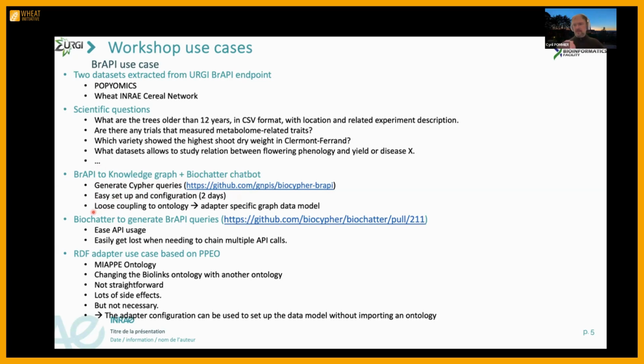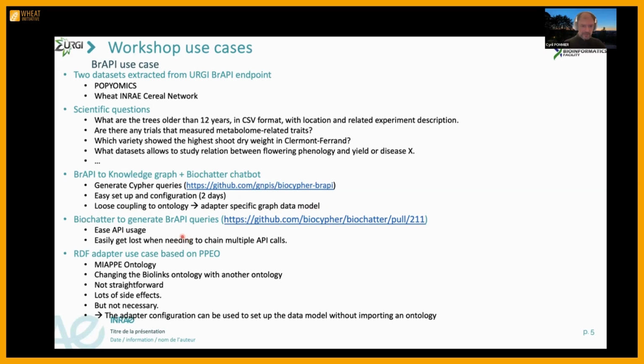In fact, there are two stages of ontologies. A foundation one, Biolink, that provides the core concepts, as well as one dedicated to the data that you are trying to import, which is much looser, which provides an adapter-specific graph data model, which is super convenient because it allows you to pick only the concepts that are relevant for you.